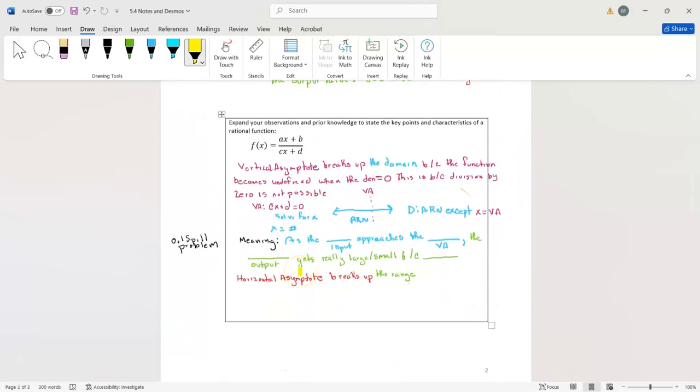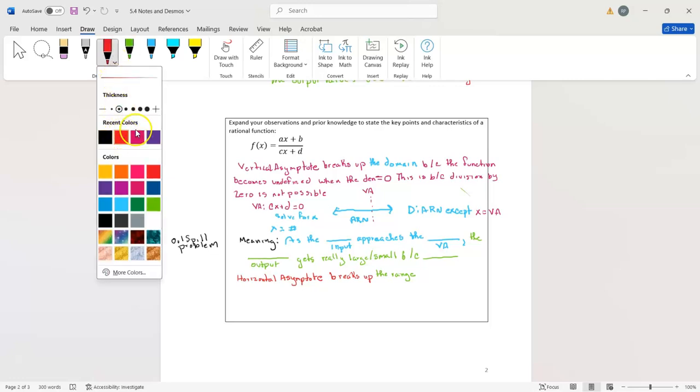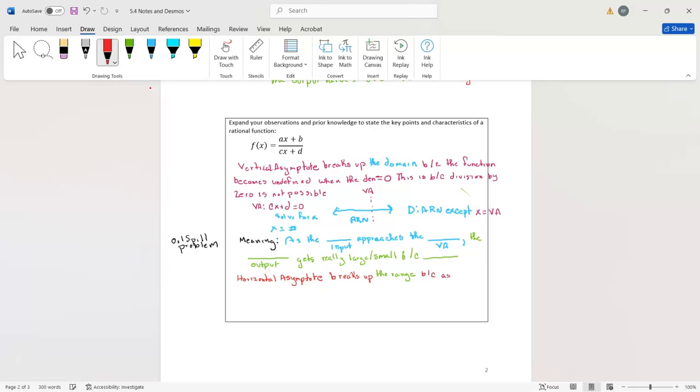So our horizontal asymptote breaks up the range because as the input values get really large or really small, the output values get closer and closer to the constant rate of change of the numerator divided by the constant rate of change of the denominator.